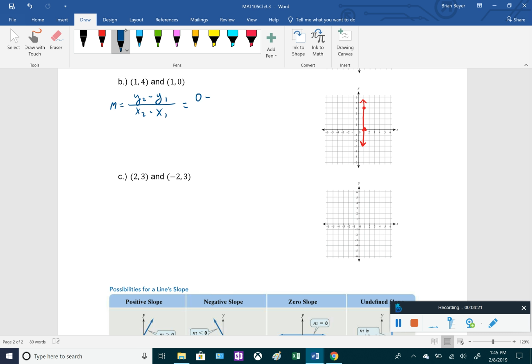So it's going to be 0 minus 4, and 1 minus 1 in the denominator. We get -4 over 0. Whenever this happens, it means we have an undefined slope, because we cannot divide by 0. So the slope does not equal -4 over 0. We would have to say the slope is undefined. That happens anytime we have a vertical line, which means the x coordinates would be the same.